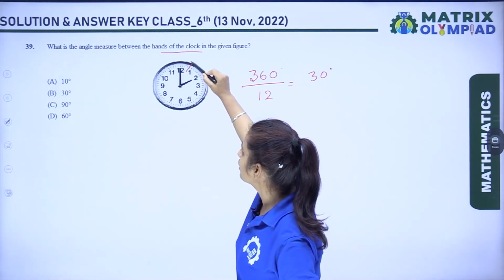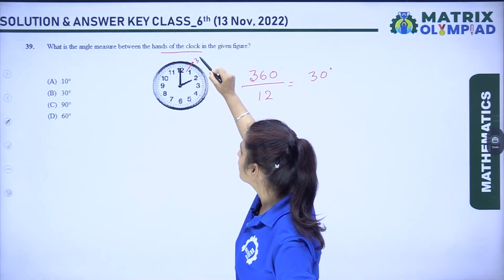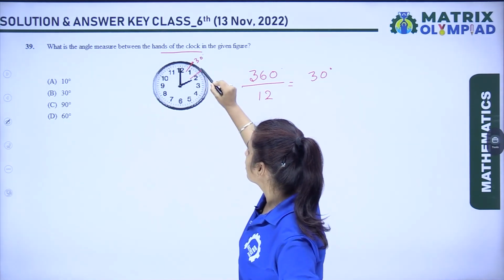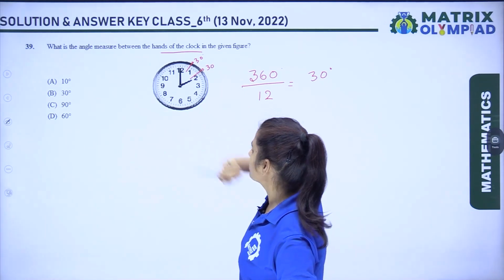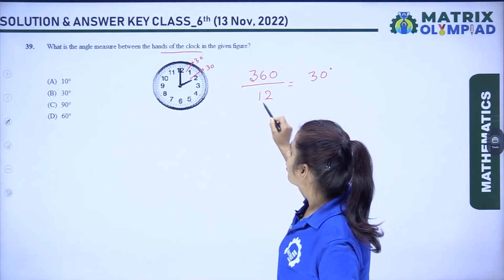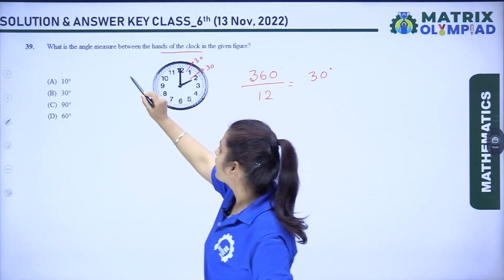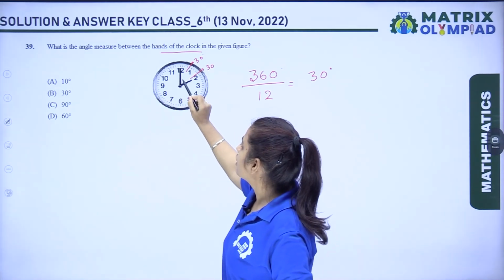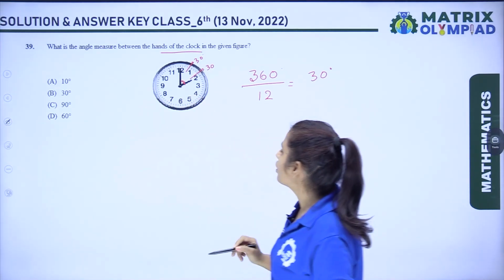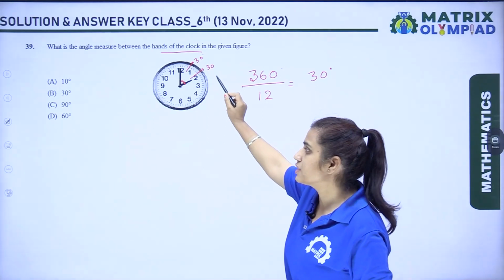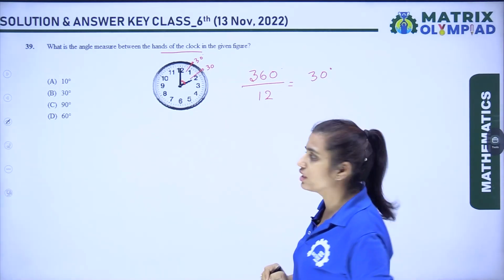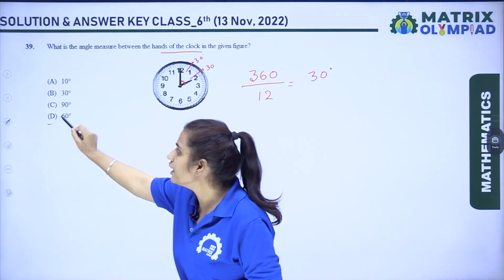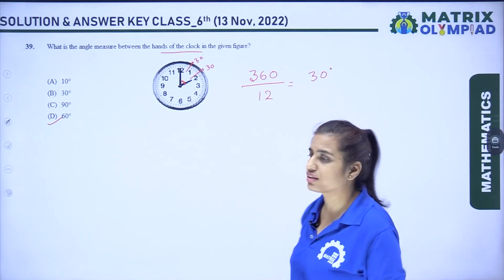So, here the angular distance between 12 and 1 is 30. Here it is also 30. So, to obtain the angle between these two hands of the clock, we get 30 plus 30, that is equal to 60 degrees. So, here option D is the correct answer.